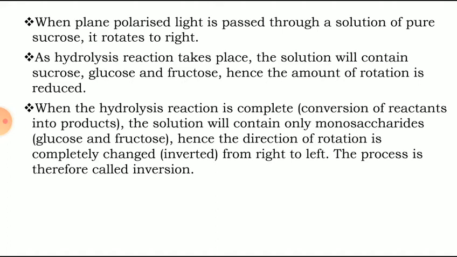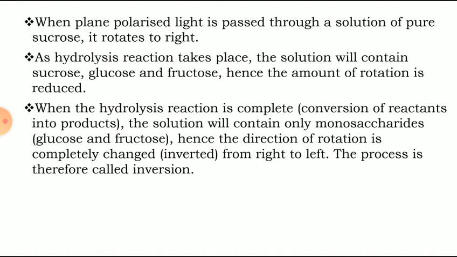Above, we have seen the example. We took the sucrose solution, and when we pass plane polarized light through it, the rotation is to the right, because only sucrose is there. But when the hydrolysis reaction takes place, sucrose reacts with water and forms glucose and fructose.